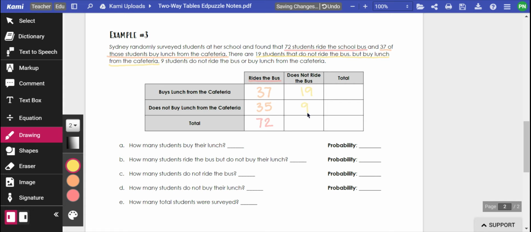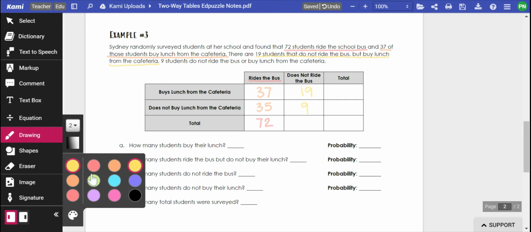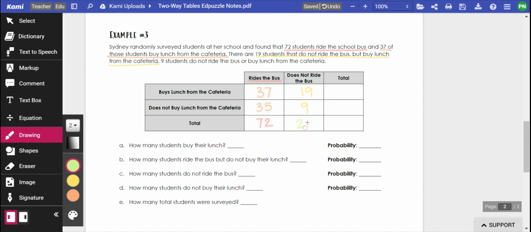So now we can work the way we normally do to figure out what our total is for how many do not ride the bus. In that case, it's going to be 28. And then we can work across, so add 37 and 19 to get a total of 56. 35 plus 9 gives us 44.